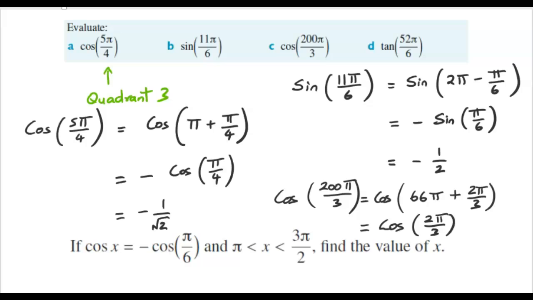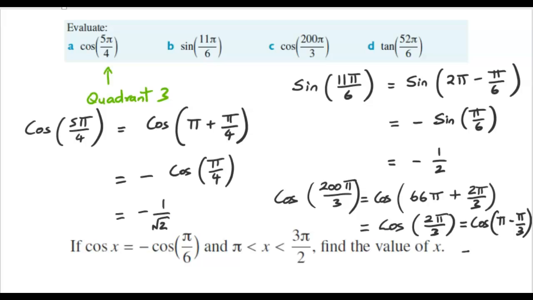And cos 2 pi on 3 is an angle inside the second quadrant, right? So second quadrant, we can relate it by going pi minus theta. So I'm going to have cos of pi minus pi on 3, right? In the second quadrant, the only ratio that is positive is sine.